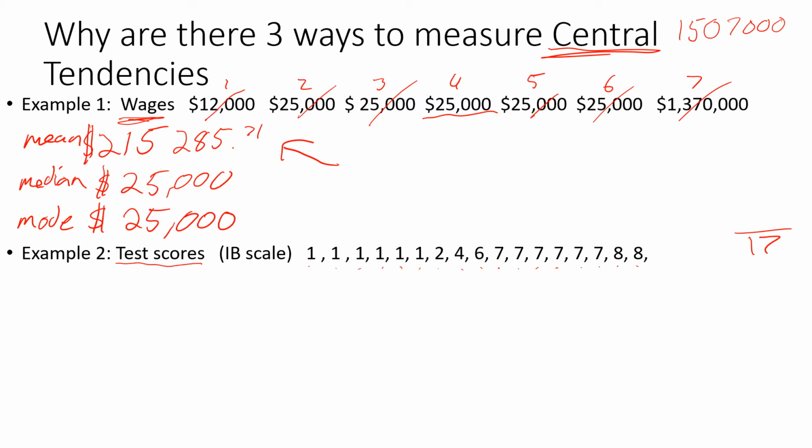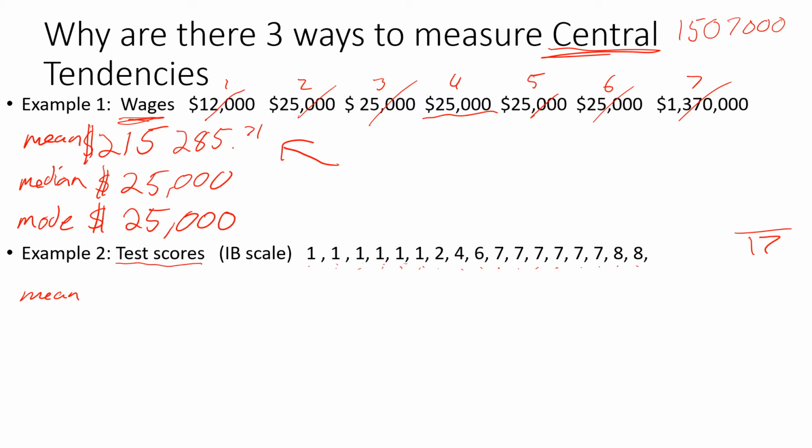So let's find out what is the mean for the test scores. We have 1, 2, 3, 4, 5, 6 people getting 1s, plus someone getting a 2, plus someone getting a 4, plus a 6, plus 1, 2, 3, 4, 5, 6 people getting 7s, and then an 8 and another 8.